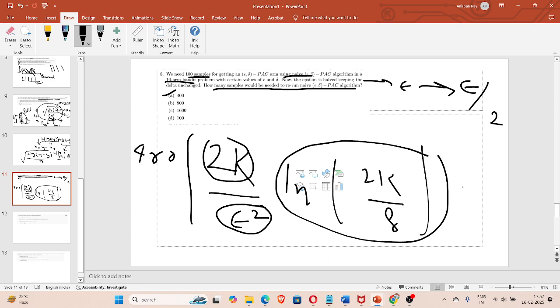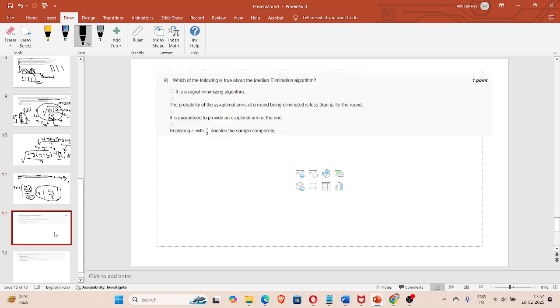So these are the parameters epsilon and delta. From the PAC optimality condition we are getting that. Now, what is true about the median elimination algorithm?